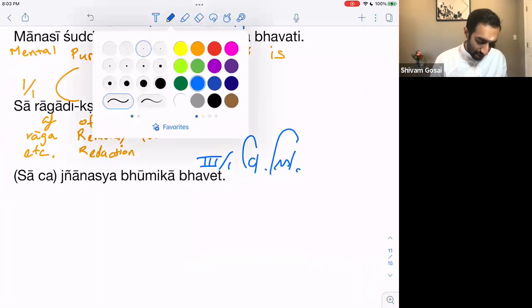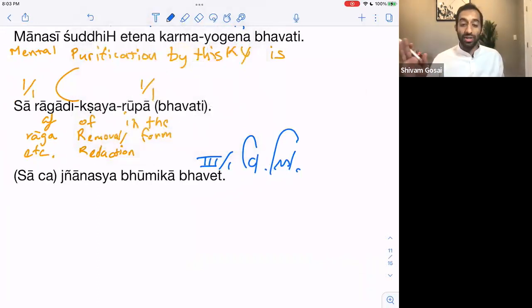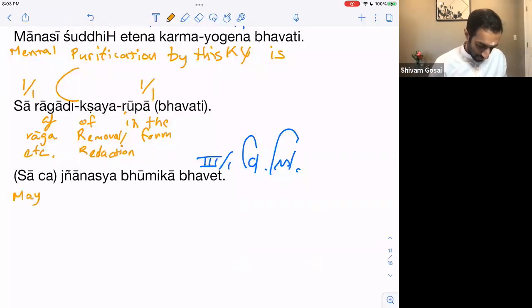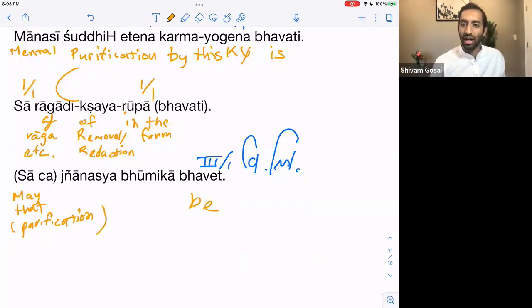So sa bhavet. What are we referring to by sa? It's feminine, shuddhihi, which is also feminine. So shuddhihi bhavet: may that purification be jnanasya bhumika.